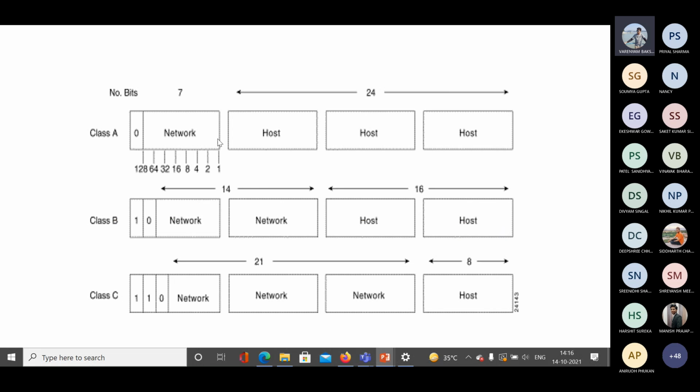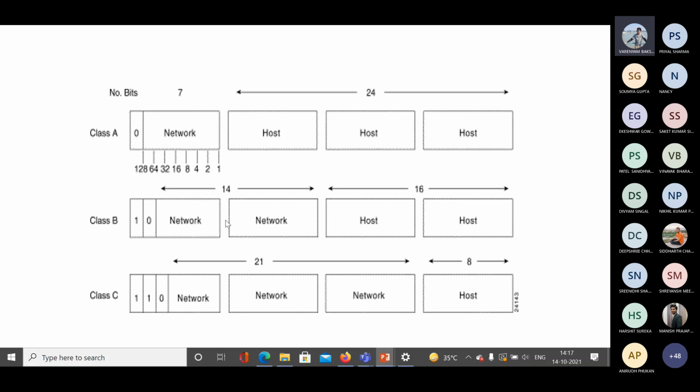So the network part is, 0 is the first bit here, and the rest of the 7 bits will define what will be the network part. Okay, so you have 2 power 7 variations, right? So that much of network part you can have. Okay, that many network addresses. The rest of the 24 bits will define what can be the host addresses.